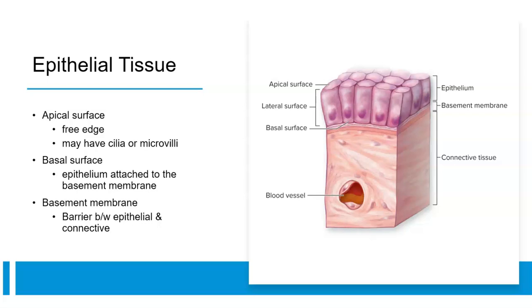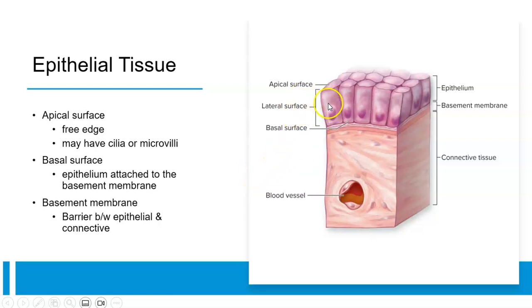Now, we also have the basal surface. Basal, I want you to think the bottom. So the basal surface, of course, is going to be attached to something called a basement membrane. That basement membrane is connective tissue that forms a barrier between the epithelial tissues and the underlying connective tissues.